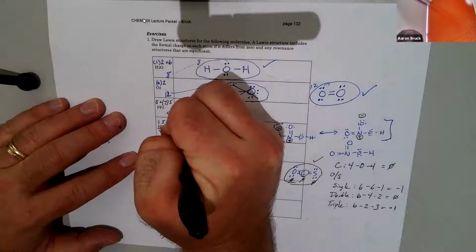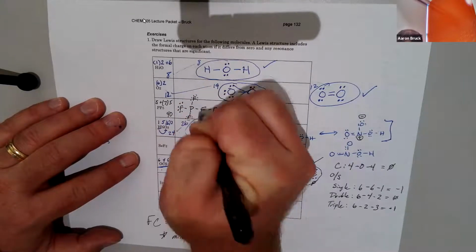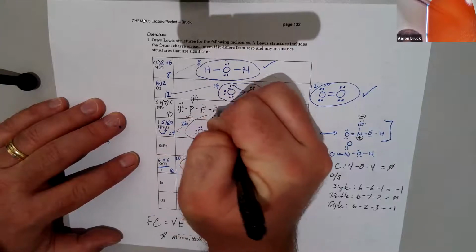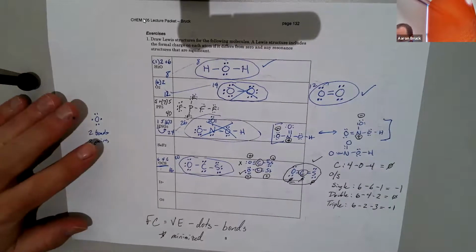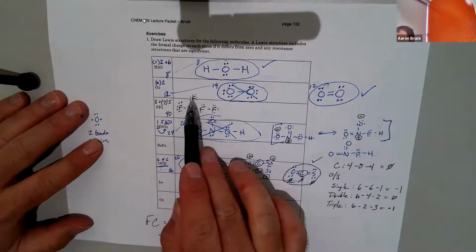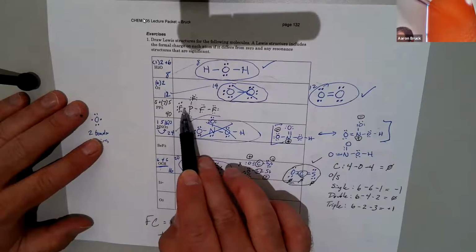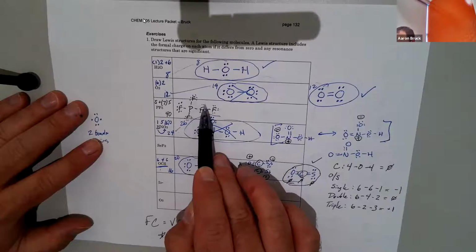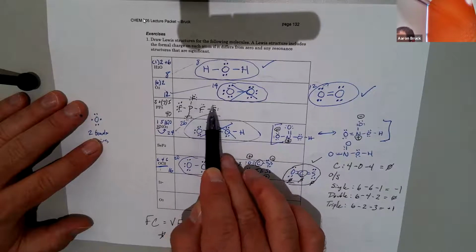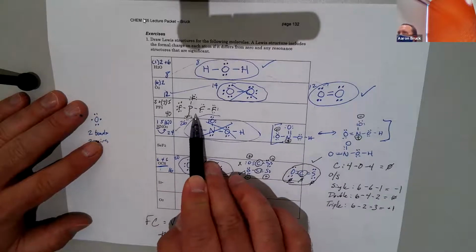If I fill out all of the dots, I run into another problem. Number of electrons, 2, 4, 6, 8, 10, 12, 14, 16, 18, 20, 22, 24, 26, 28, 30, 32, 34, 36, 38. There are only 38 electrons in this structure.